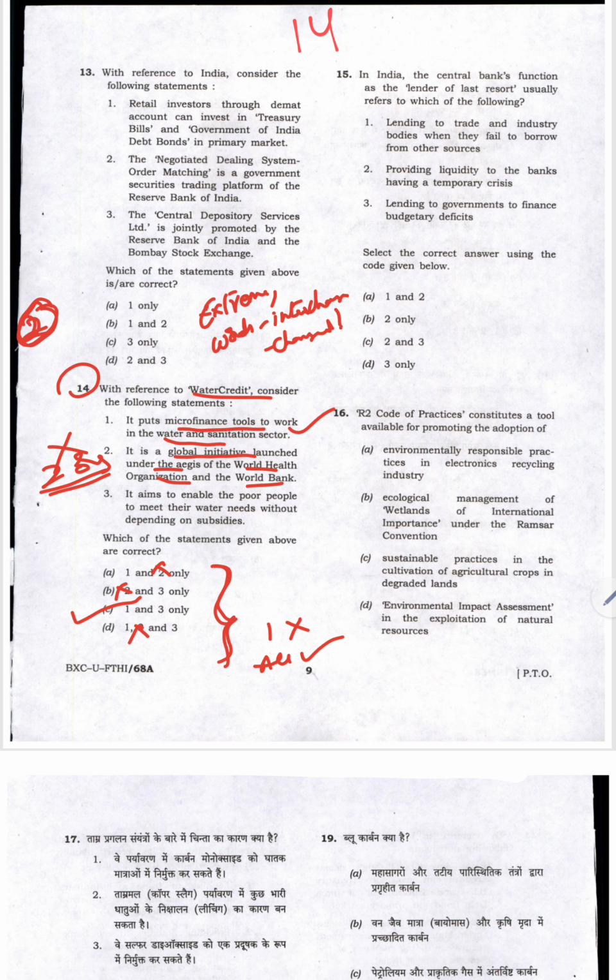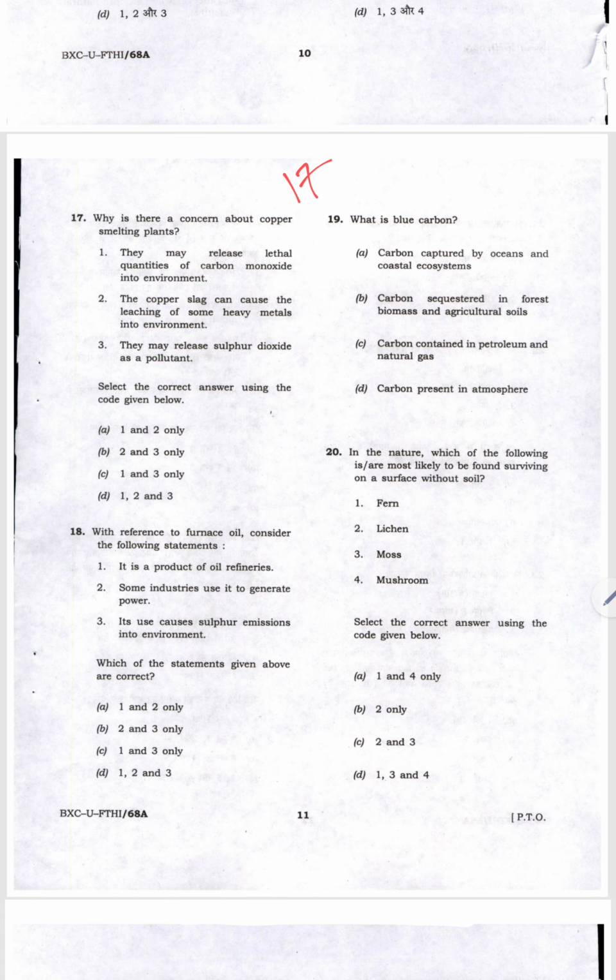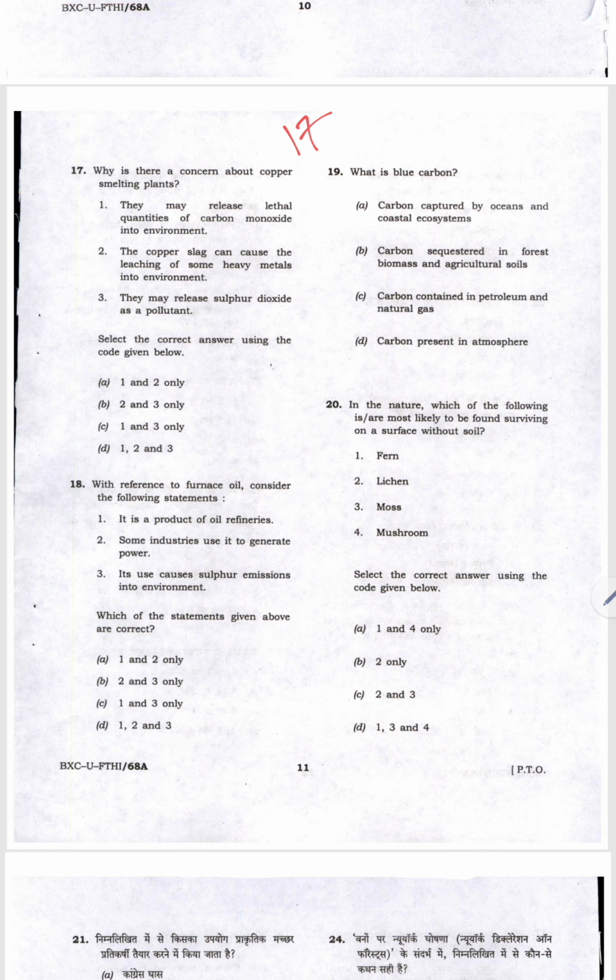Got it? Next, 17th question in this page. Why is there a concern about copper smelting plants? Okay, I don't know about it. I will not definitely read much about copper smelting plants, but here they are saying why is there a concern? See, they may release lethal quantities of carbon monoxide into the environment.